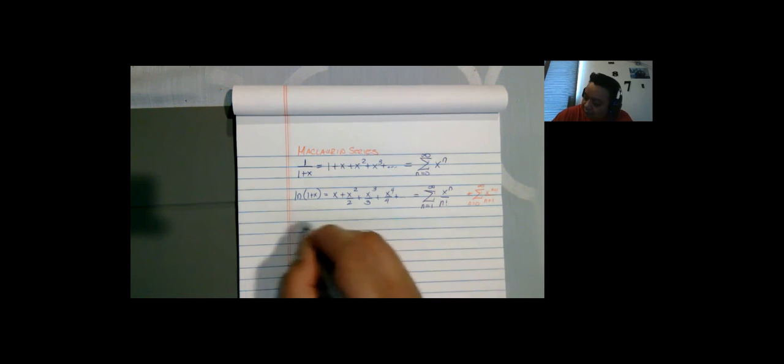Right? We have one for arctangent. If I remember correctly, this one was x minus x cubed over 3 plus x to the 5th over 5 minus x to the 7 over 7 plus dot dot dot.